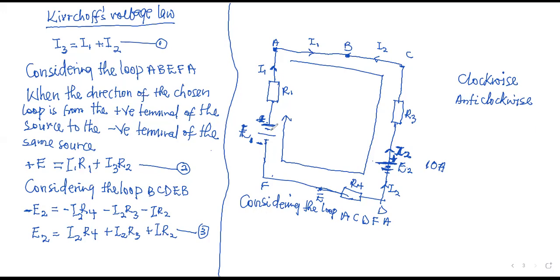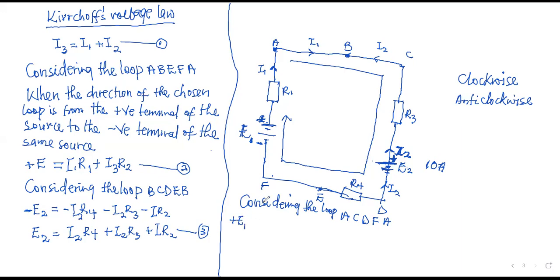So would the EMF here be positive or negative, Bella? Considering this loop A, C, D, F, E, within this loop we have two sources of EMFs, E1 and E2. Would the EMF of E1 be positive or negative? You said positive. Why? What's your reason?